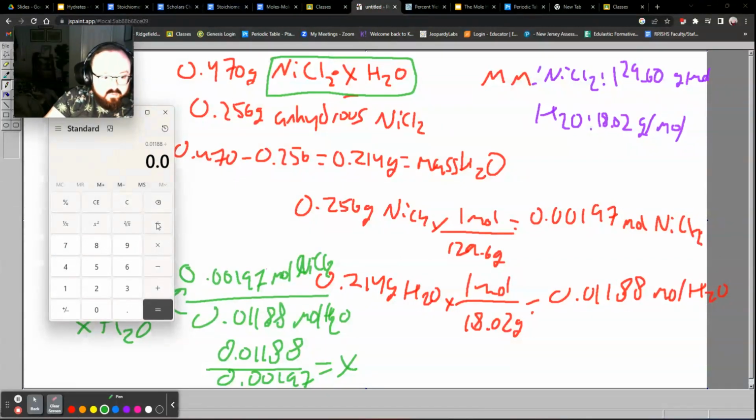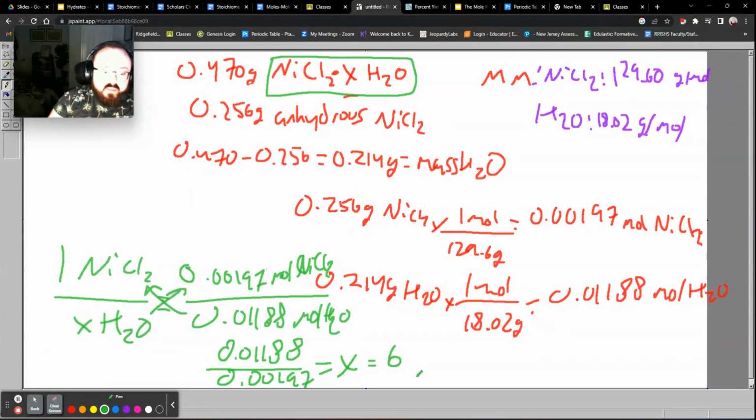And boom, we get 6.03. What do you think we're going to round that to? 6. So we end up with our formula, which is NiCl2·6H2O.